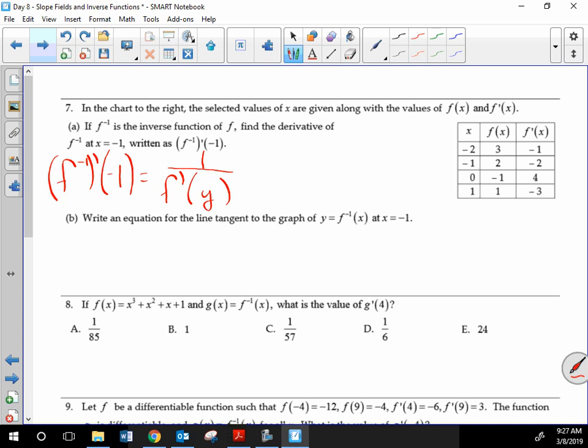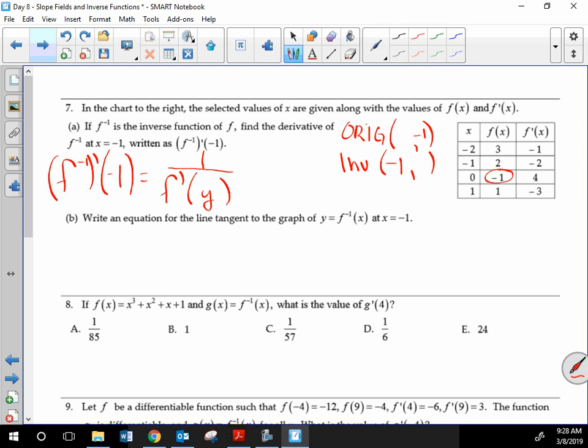So again, I'm going to go back to original and inverse. Okay, they said at x equal to -1. So on my original, because notice they didn't give me any information about my inverse in the chart, only information about the original and the derivative. So on my original, I want to see where y is -1. I go to y is -1.